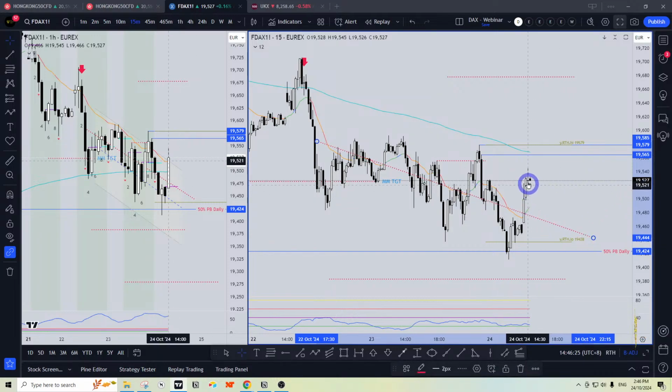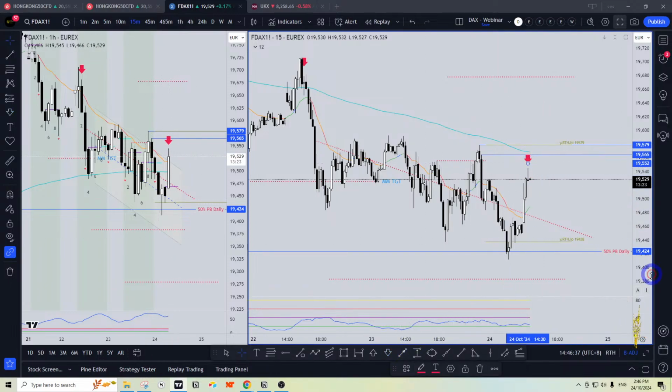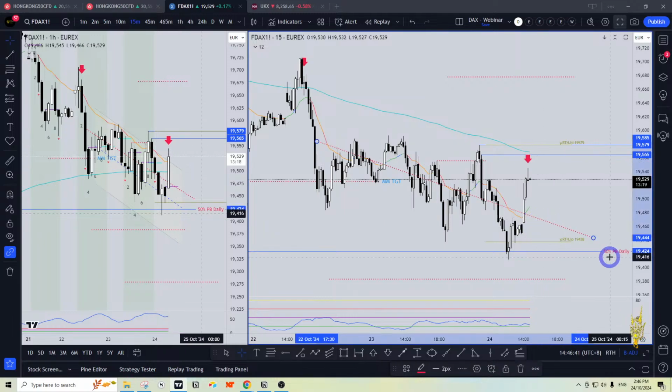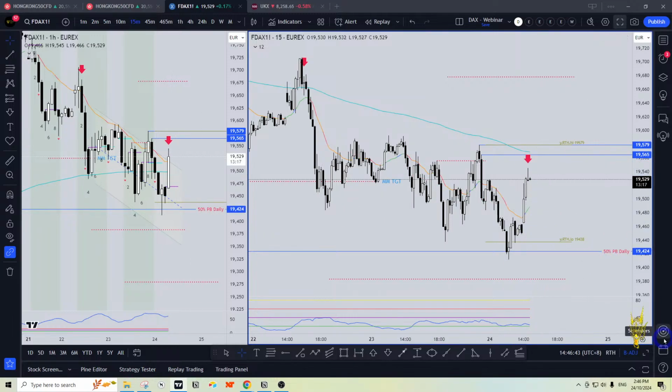So you go, okay, well, the safest place for me to do anything is at that line, but it's also the worst place to make money. The best place to do something is probably here, which would be a sell. Betting that it's going to go back to that line. But you're always going to be uncomfortable because right now you're selling the two biggest consecutive bull bars on the chart.